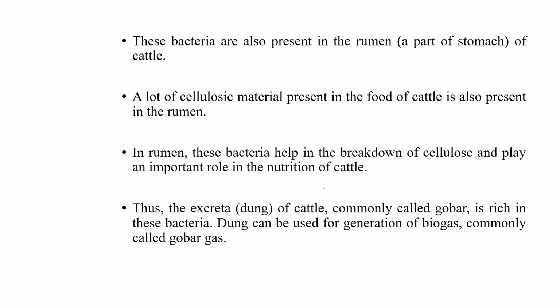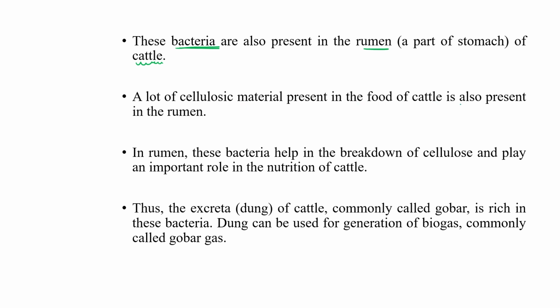These anaerobic bacteria, known as methanogens, are present in the rumen. What is the rumen? It is a part of the stomach present in cattle, such as cows and buffalo. A lot of cellulosic material is present in the food of cattle.